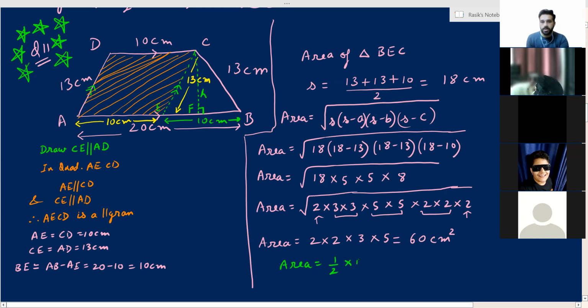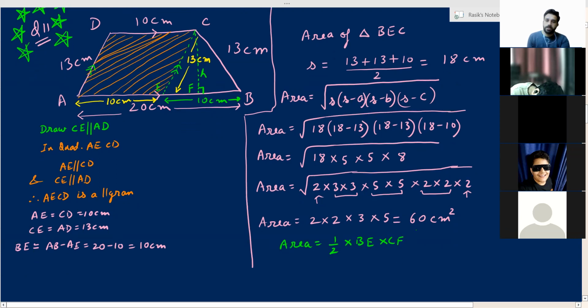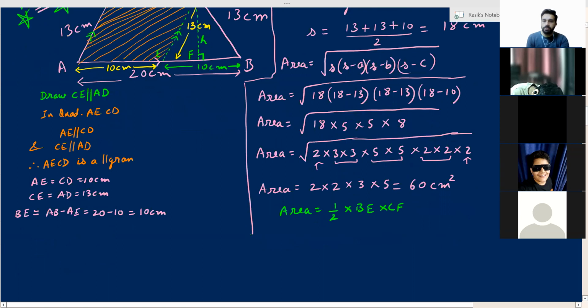Base of the triangle is BE into height is CF. This is also the area of the same triangle BEC. Can we put both the areas equal? Yes. Half into BE into CF, we already know it is 60.